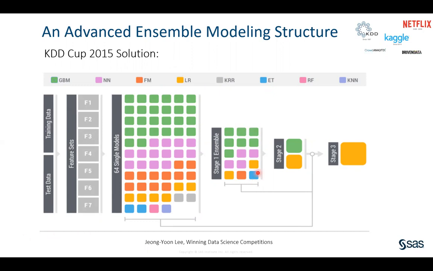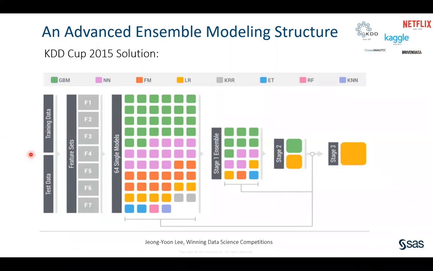Then at stage 2, the predictions that come from these 15 models are used, and they're combined with a gradient boosting and a logistic regression model. And in the last stage, only these 2 are used as input and combined by using a logistic regression model, as you see here.